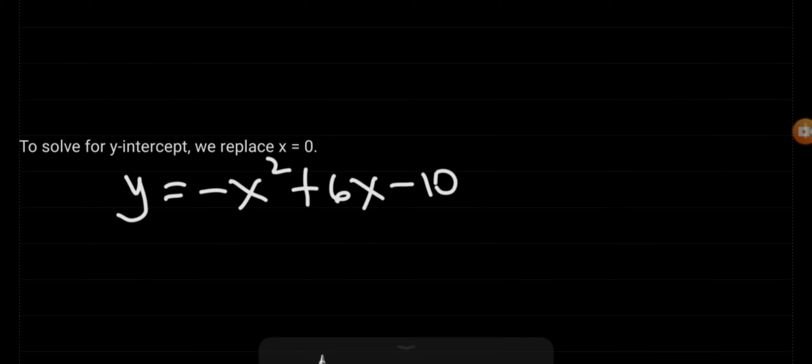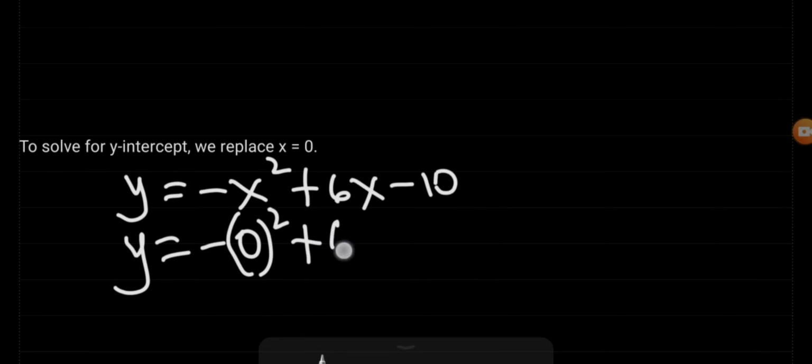And to solve for the y-intercept, we replace x with 0. So y equals negative 0 squared plus 6 times 0 minus 10.